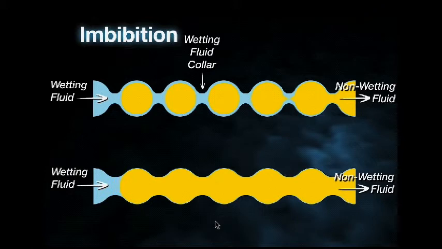The wetting fluid is able to push through a smaller but not that small pore. So the non-wetting fluid is being displaced from all the pores, and we don't have the formation of a residual phase in our situation now.